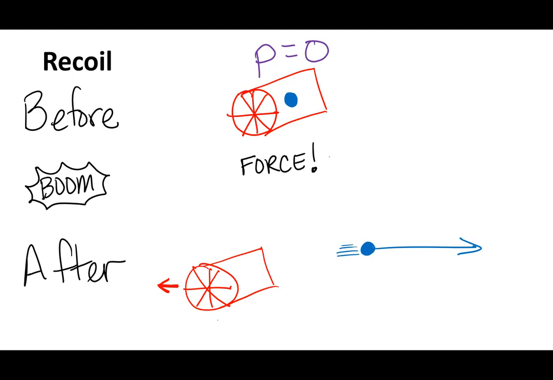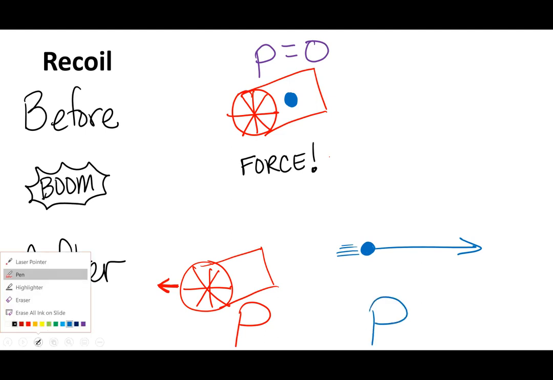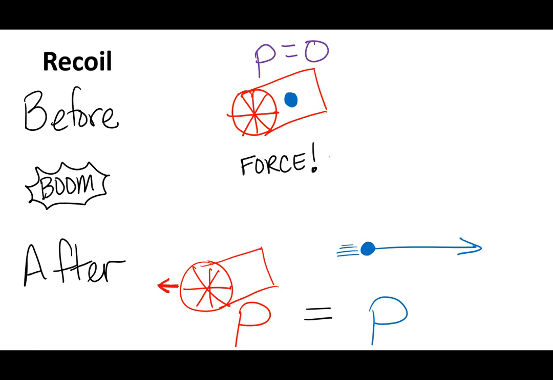And so the momentum of the cannon is equal to the momentum of the cannonball. Since the total has to be zero, these have to be equal but opposite.